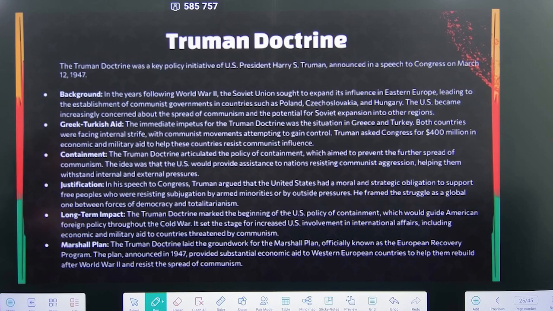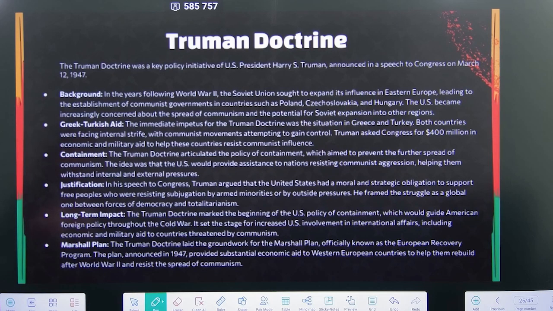Both these countries were facing internal strife, because communist movements were trying to gain control within them. So Truman asked Congress for a $400 million loan in economic and military aid to help these countries resist communist influence. And that's what he did.